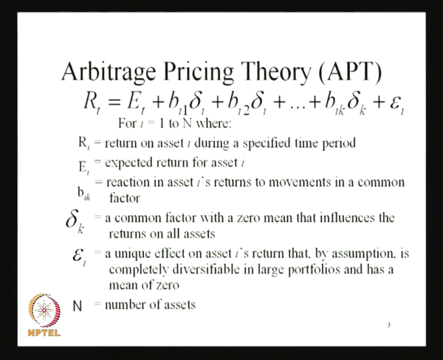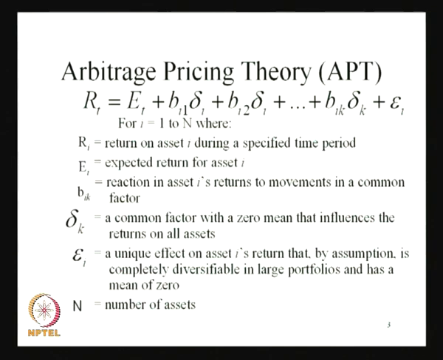Epsilon is the unique effect on asset i, which by assumption is completely diversifiable in large portfolios and has a mean of zero, and n is the number of assets we are going to incorporate into the model.